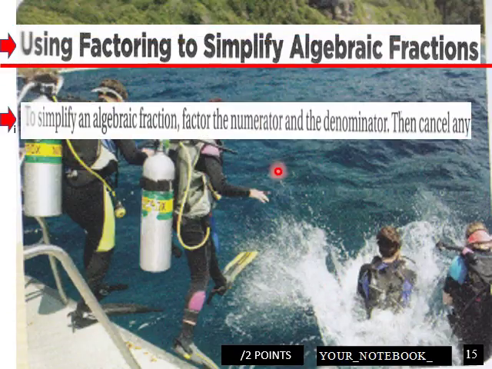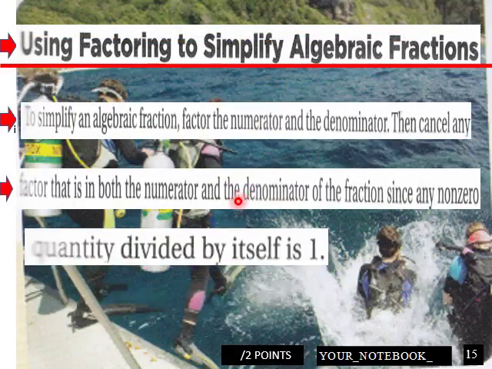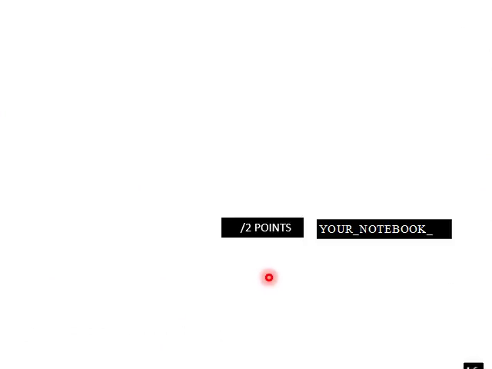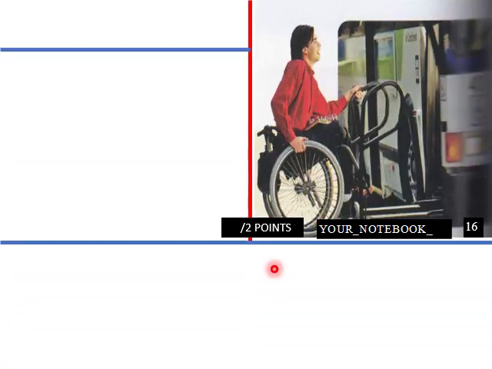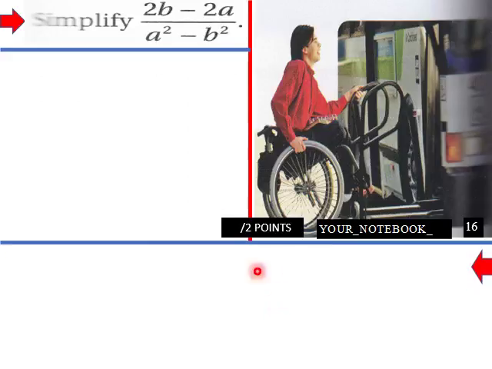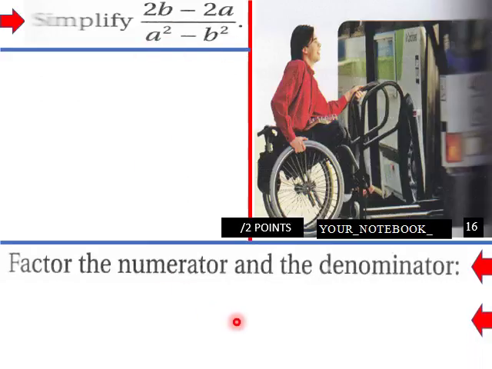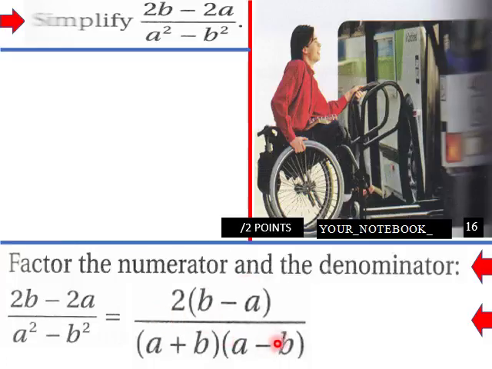Using factoring to simplify algebraic fractions. So that's another way of helping to simplify algebraic fractions, like this here. Factor the numerator and denominator. So we can factor out 2 up above, and then this is a difference of squares. This is the pattern for factoring a difference of squares.